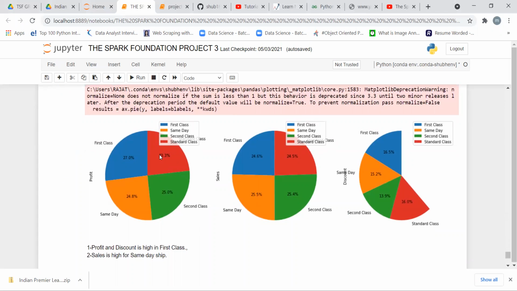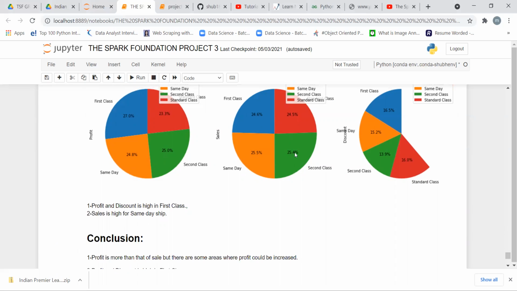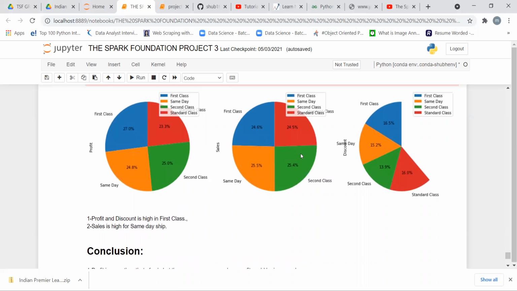Again we use a pie chart, and here we can see that the highest profit is generated by first class, at around 27%, and the second highest profit is generated by second class. Sales are the same: first class has the highest sales, second class the second highest, and the highest discount is given to first class.